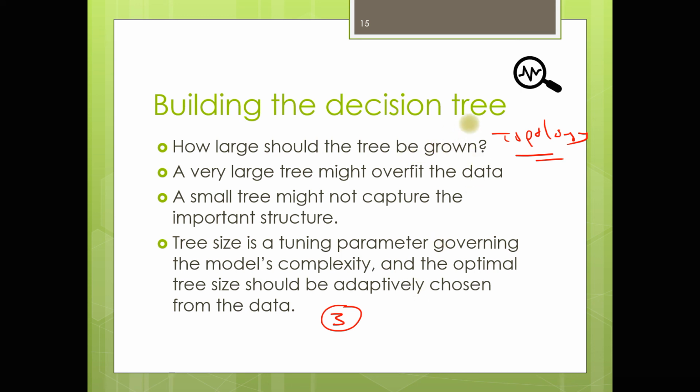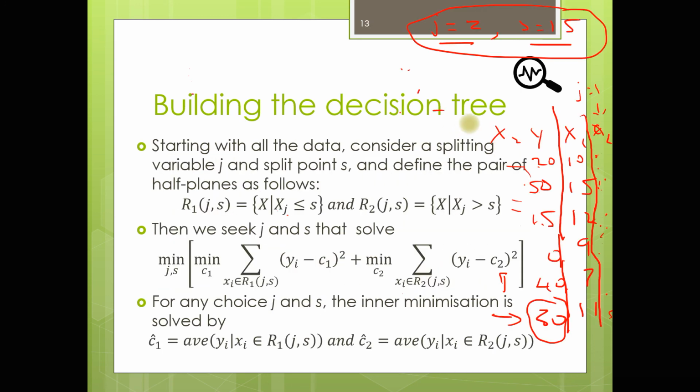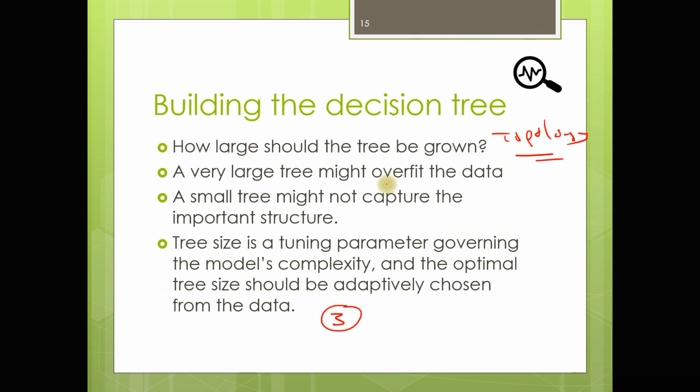But if you apply this minimization principle, it will continue and continue the work. It's a recursive formula. Recursive means that it's going to repeat itself for the different partitions, for the different branches. It will continue and repeat the procedure. In the end, it may happen that I get a tree with 50 terminal nodes, not 3, but 50 terminal nodes.